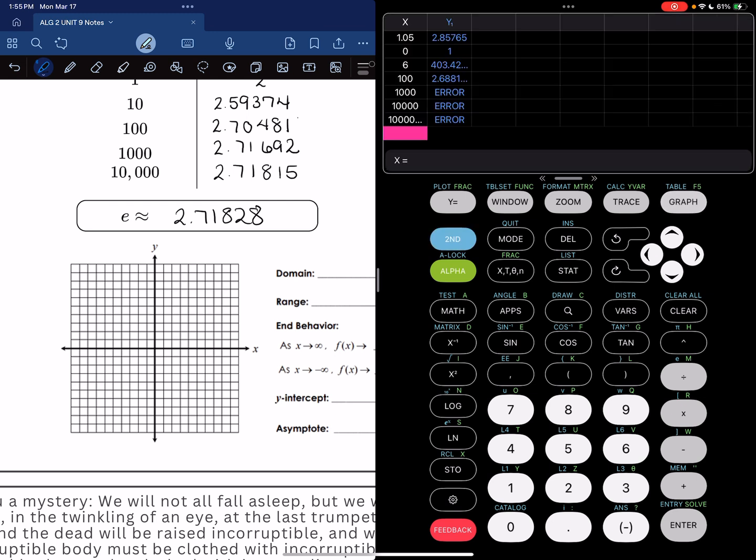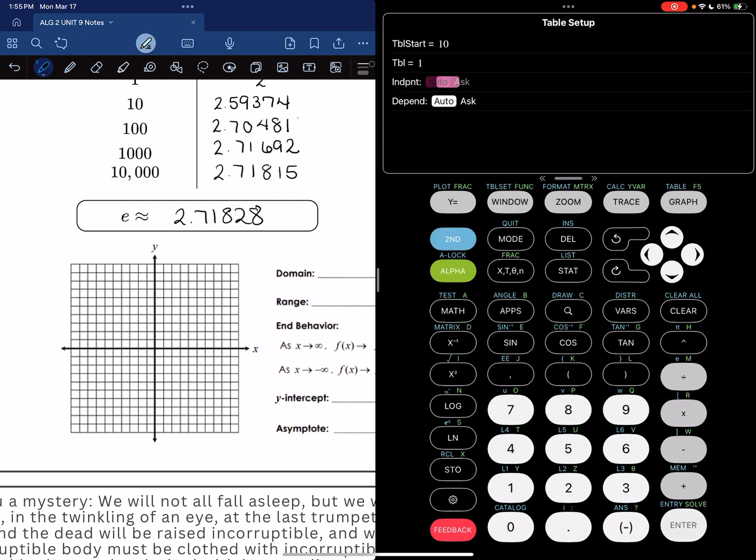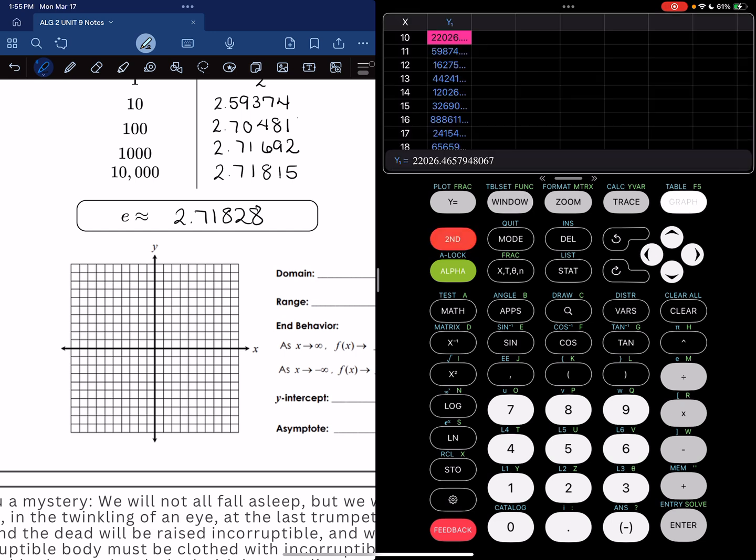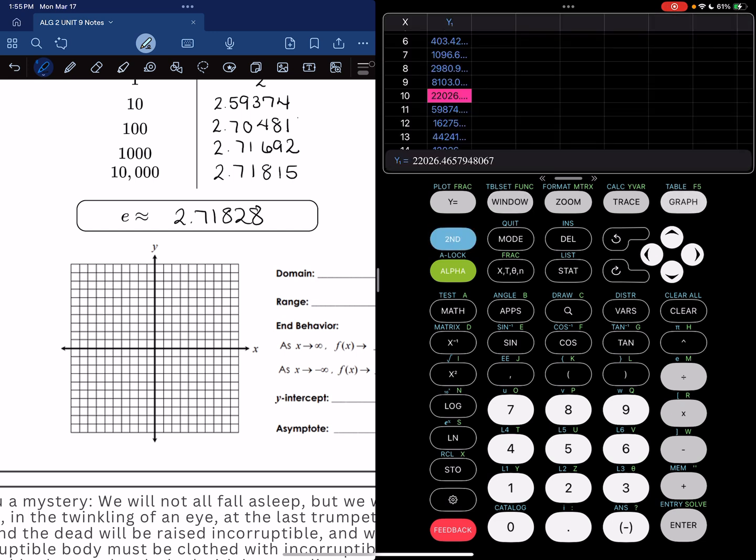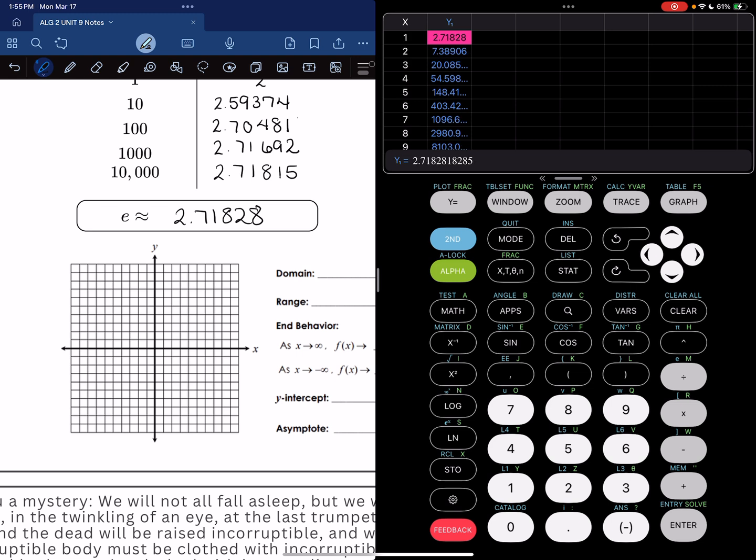Let's look at the table so that we can get a better idea of those values. Oh, I'm going to put my table back in auto. Sorry, I clicked the button too many times. There we go. Okay, so let's go back to the negative values.